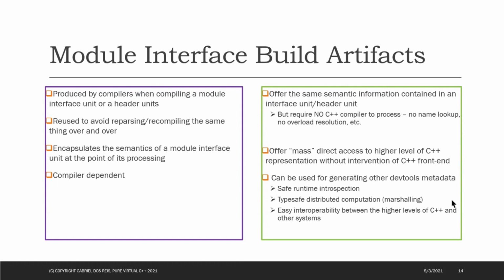And on the other side, one of the problems is that this representation is compiler dependent. Today, MSVC has its own representation, GCC has its own, which is very different from the representation that Clang has.